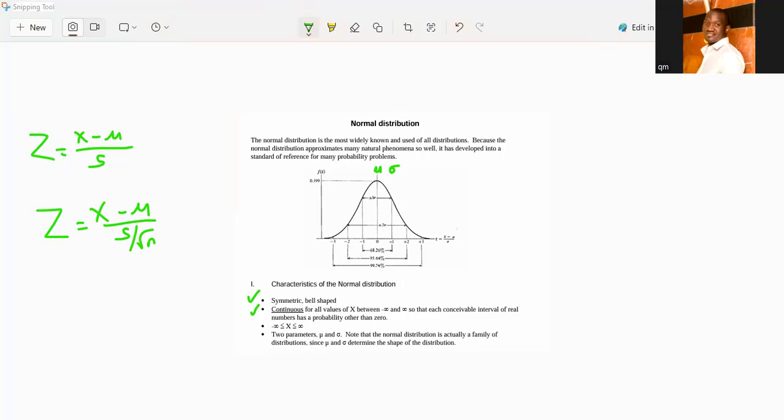So with these values, we're going to have the following.